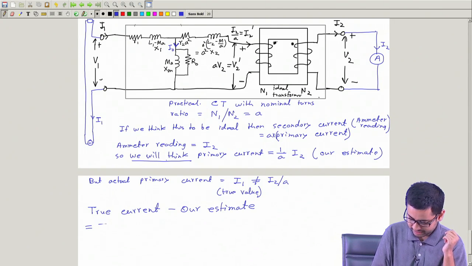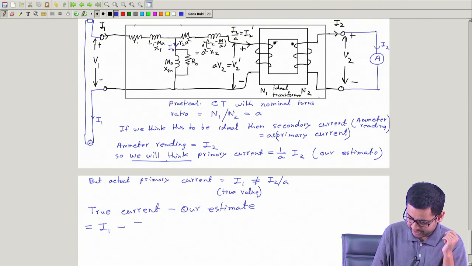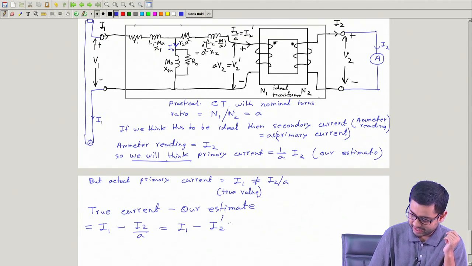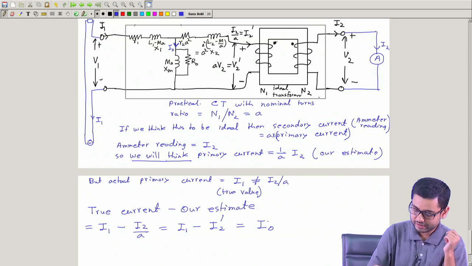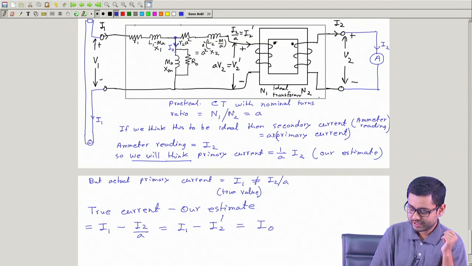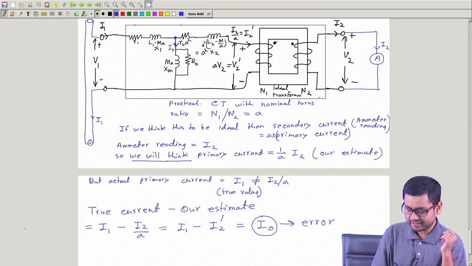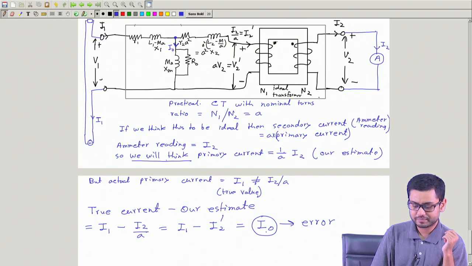True current is I1, our estimate is I2 by A, which is this current I2 prime. So this is equal to I1 minus I2 prime, and this is equal to I0. Apply KVL at this point. So this current minus this current is this. So this is the error.